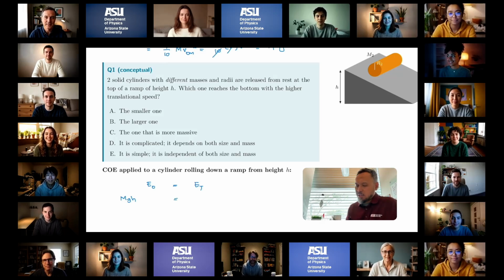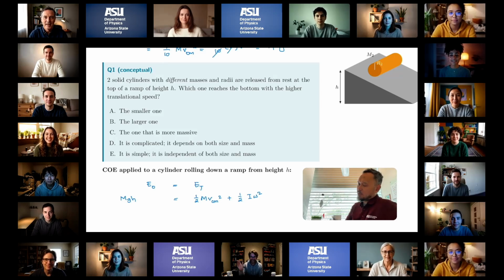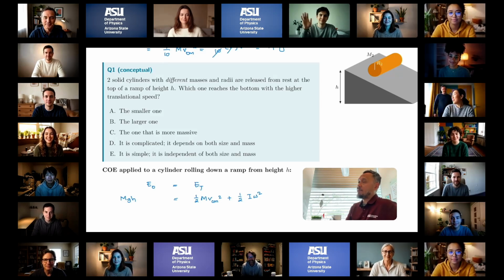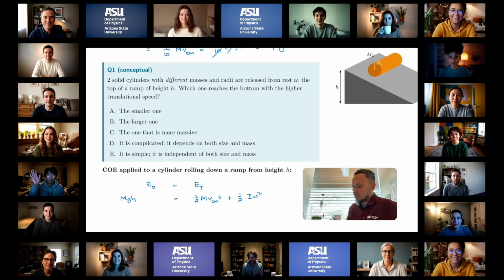And when it reaches the bottom, there is translational kinetic energy, plus 1/2 times the moment of inertia times the angular speed squared, which is the rotational kinetic energy.